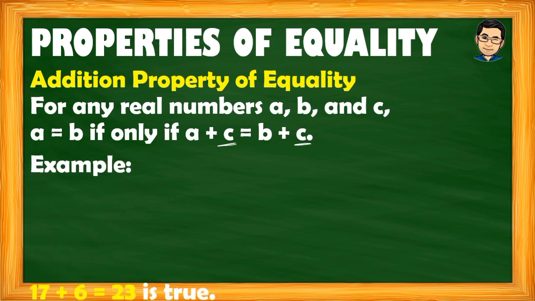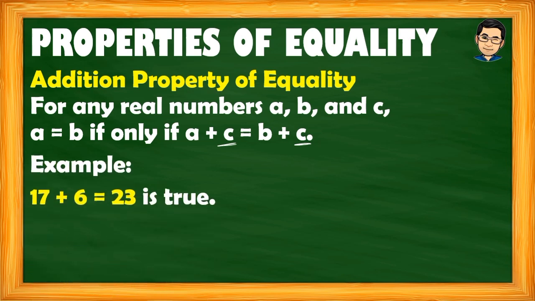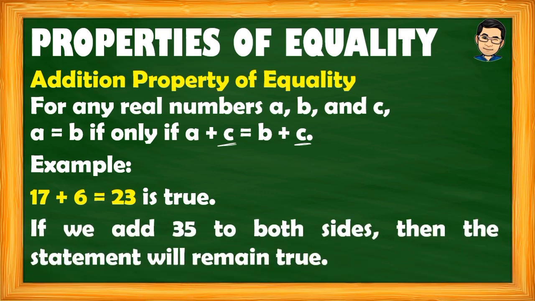So like for example, 17 plus 6 is equal to 23 is true. Tama nga naman na 17 plus 6 is equal to 23. And then, if we add 35 to both sides, then the statement will remain true. So, yung 17 plus 6, dadagdagan natin siya ng 35.